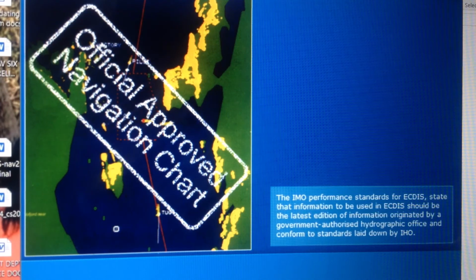This means that officially approved vector charts must be used in an ECDIS. Since few officially approved vector charts exist, navigators using commercially produced vector charts must work on the principle that the data on a corrected official paper chart is more reliable than that on the corresponding vector chart.